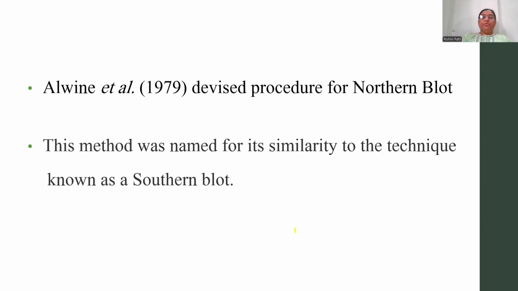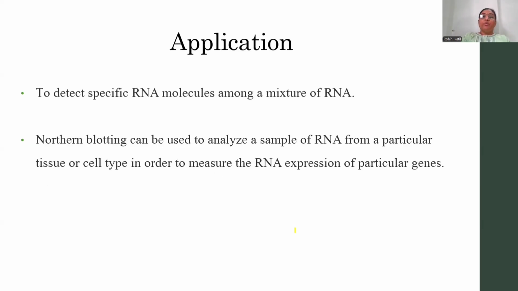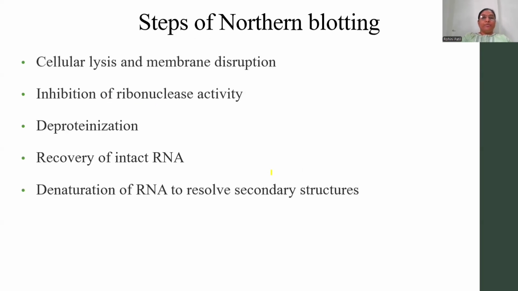Now, the Northern blot is used for the detection of specific RNA, and also for identification of the expression of a specific gene by measuring the amount of RNA. Now, looking at the steps for Northern blotting, first you have to isolate the cells, and then lyse the cells and disrupt the membrane.